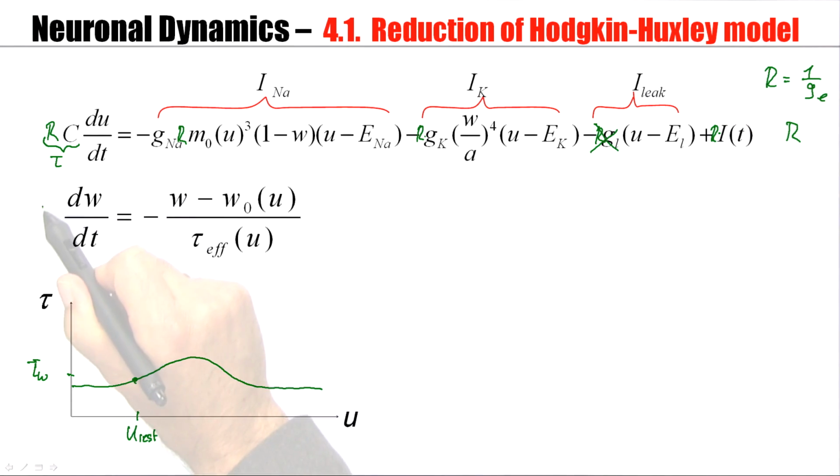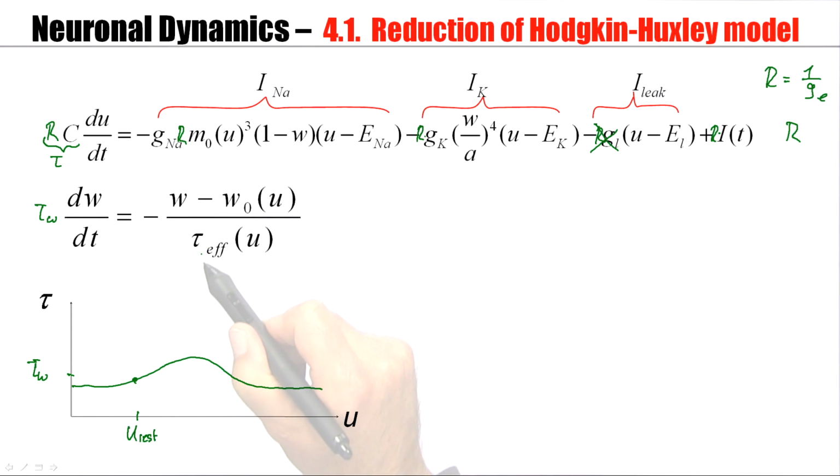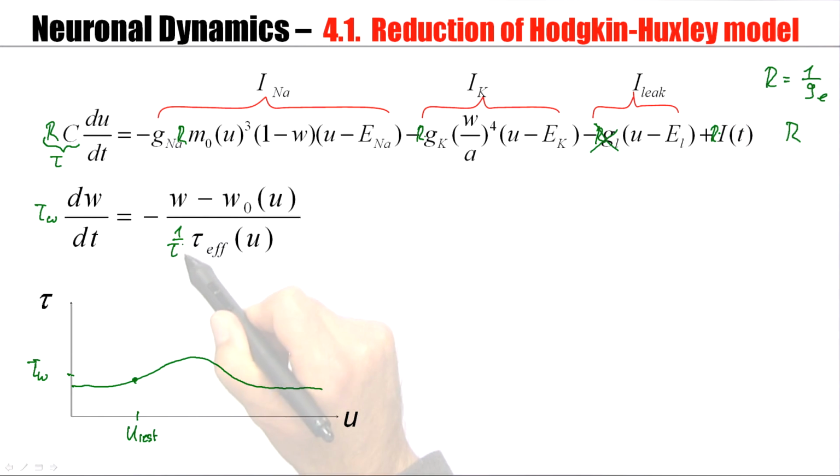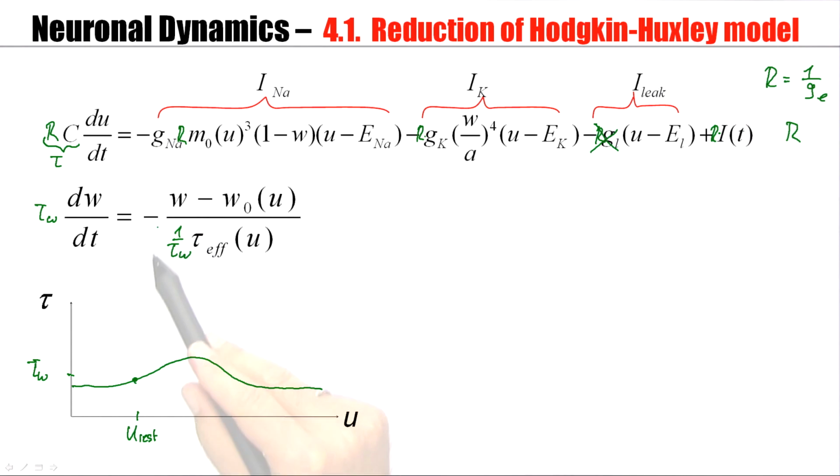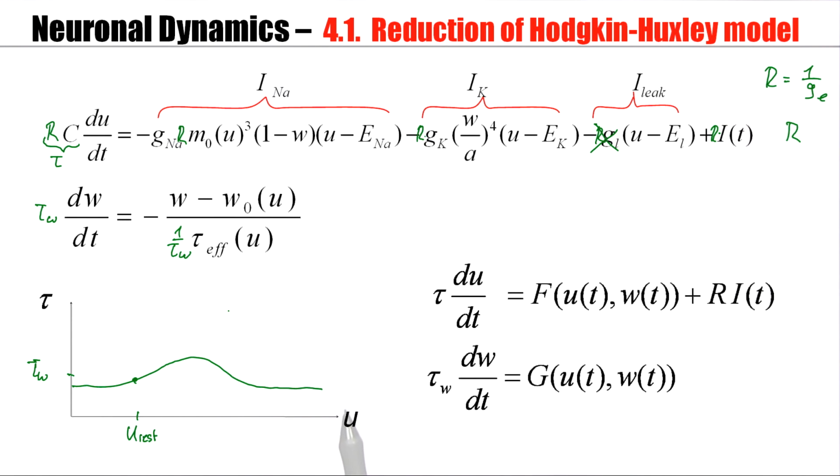So let's multiply with tau w. Then I have here tau f divided by tau w. So this is a normalization factor, and the net result is that I can write my w equation with a time constant tau w, which is representative. It could be the resting value. It could also be the mean value of these different values that I see here.